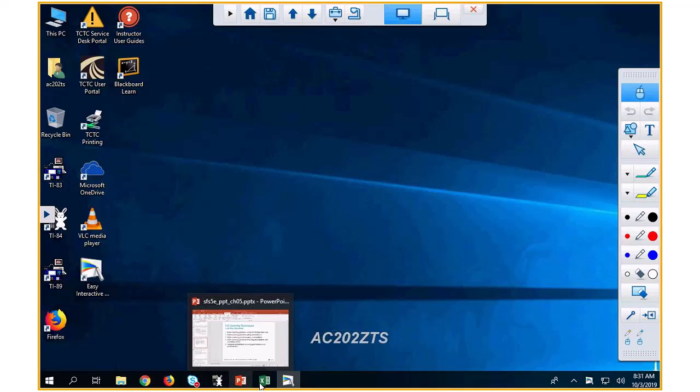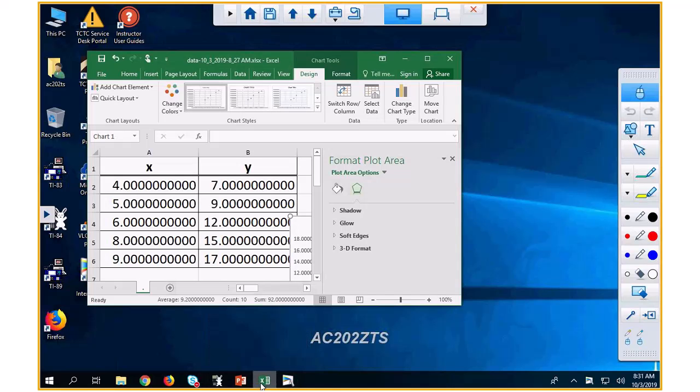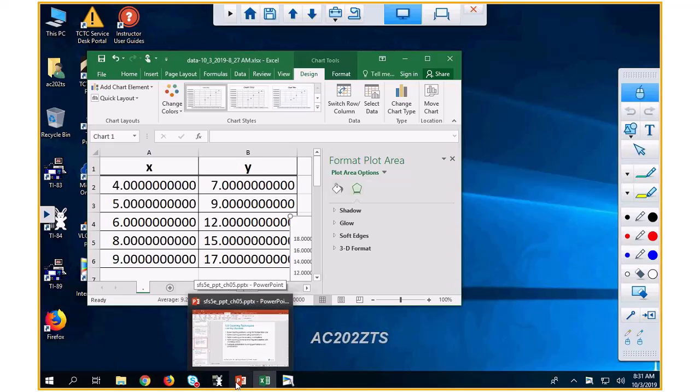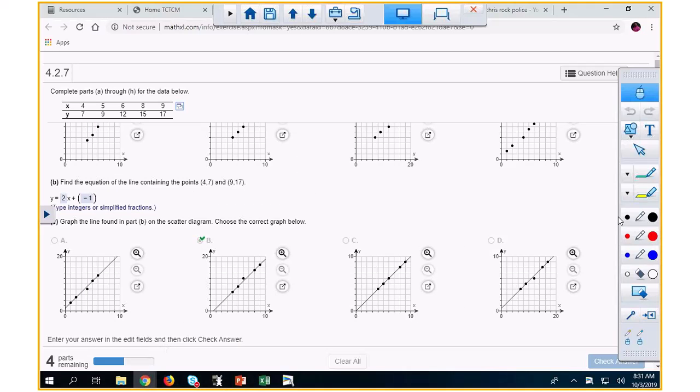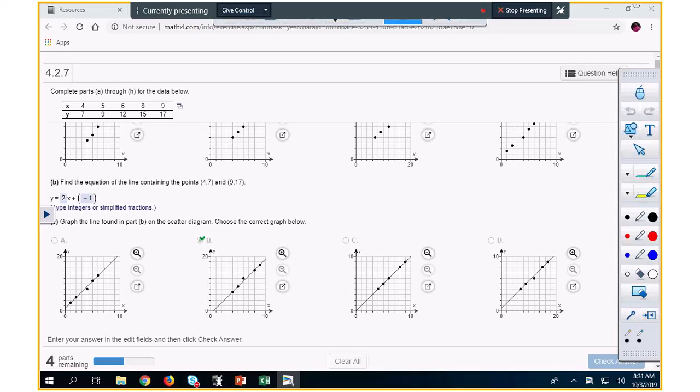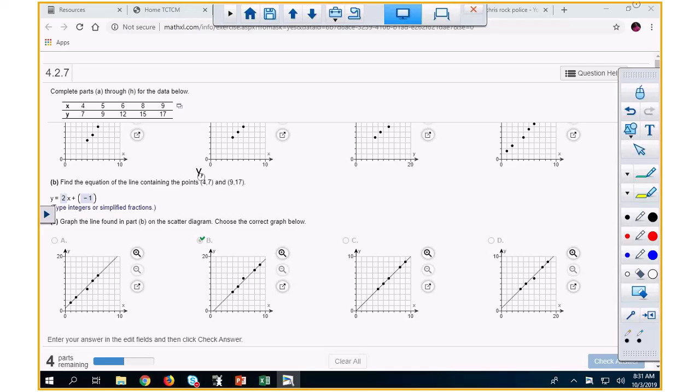Okay, so I'm going to pull up, let's see, where is my question? There it is. Okay, so now the reason I like this is because they integrate doing it by hand. So this is by hand. Point 1 is x sub 1, y sub 1, point 2 is x sub 2, y sub 2.